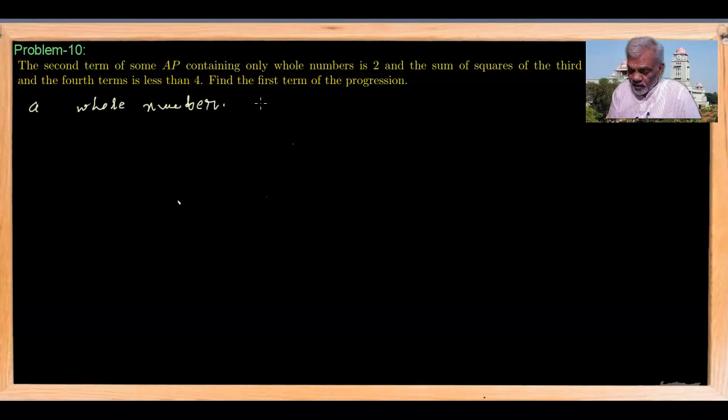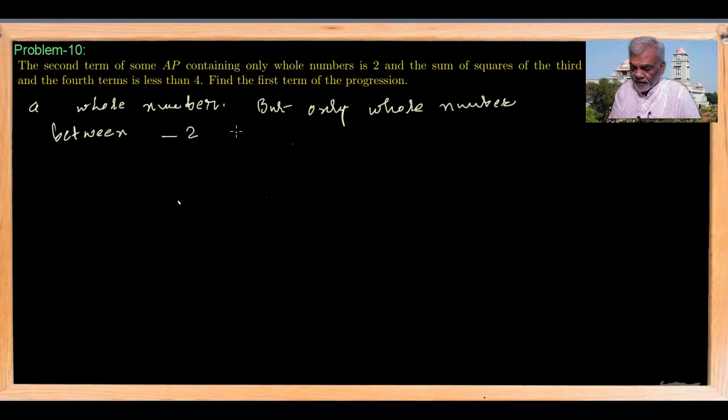But the only whole number between minus 2 and minus 0.4 is minus 1, and therefore D must be minus 1.